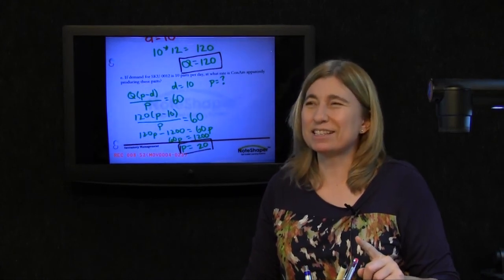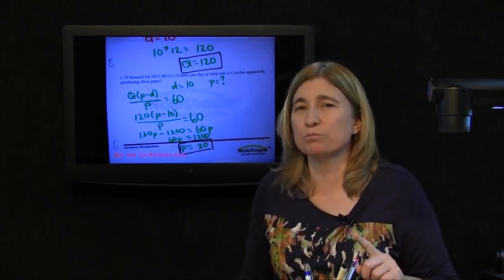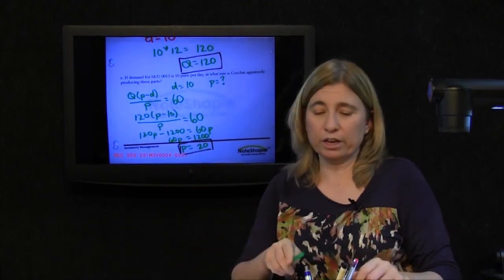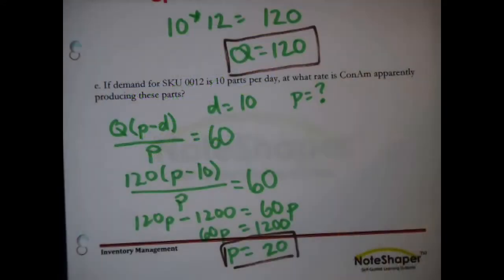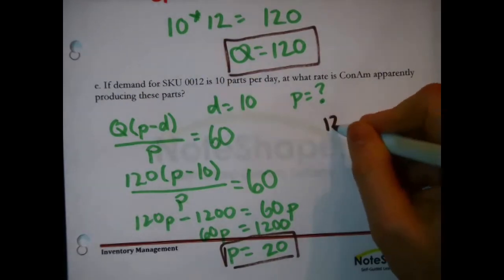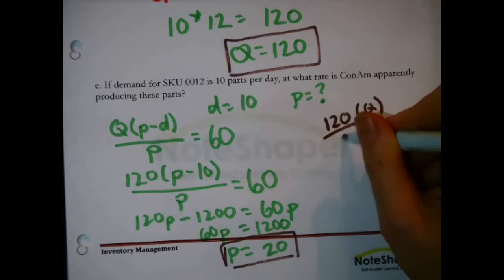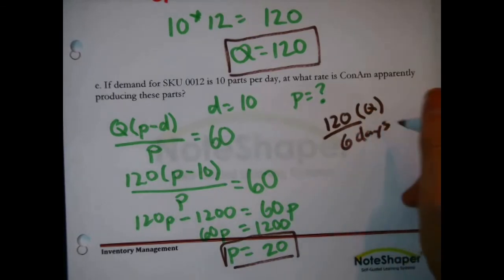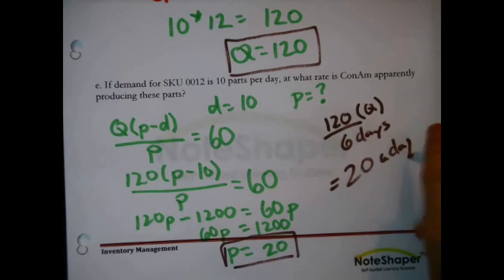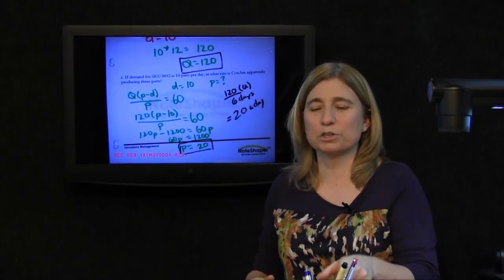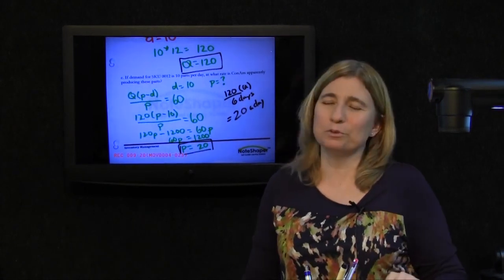So it takes them 6 days to make 120. I could have skipped all this if I just said, okay, fine, 120, that's Q, divided by 6 days, there's that same 20. They have to be making these at a rate of 20 a day. So that was just a faster way to do the same thing.